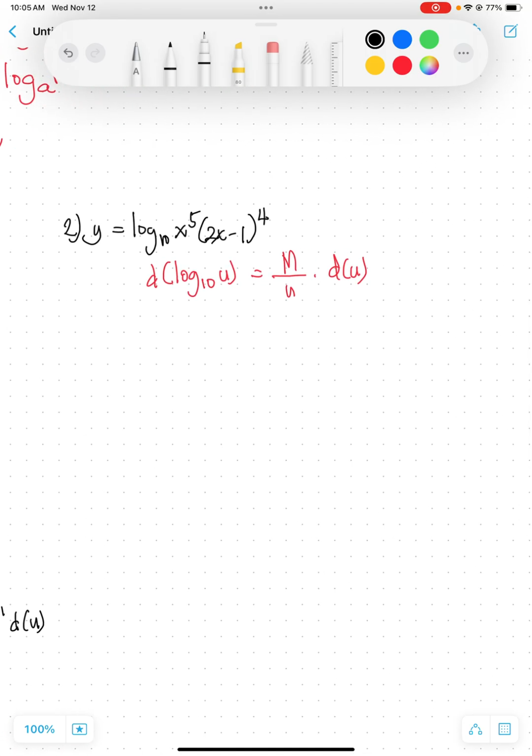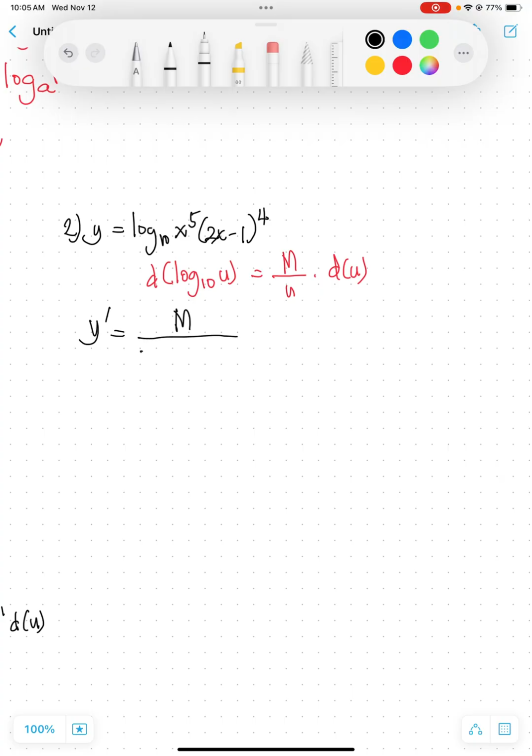So let us follow the rule. So let us now get y prime. So I'll have y prime equals m divided by u.